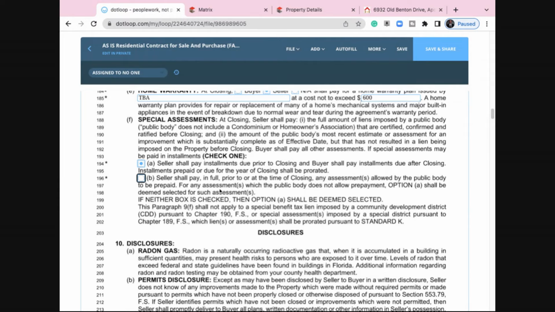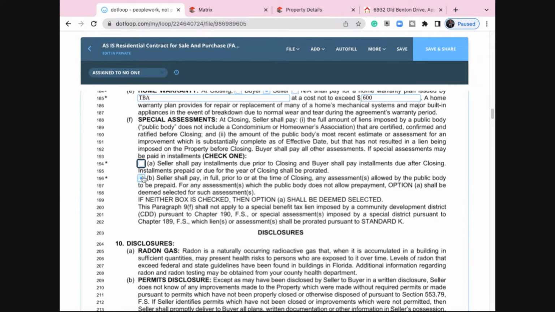There may be some cases where you want to check B, but a lot of times, especially banks, if you check B, they're going to reject it because the special assessment may be, let's say you have a condo and they just paved the parking lot, and every homeowner pays $100 for 3 years, and that's the special assessment, right?